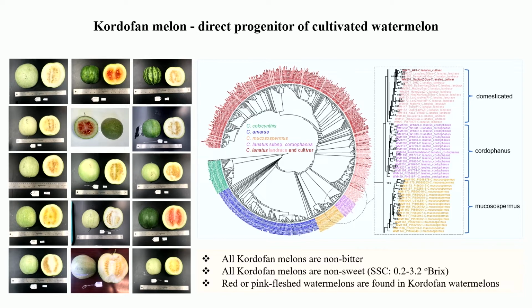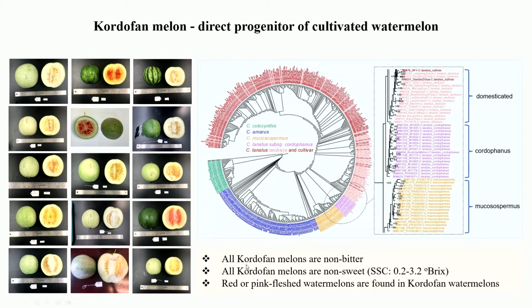You can see red or pink colored flesh in the Kordofan melon group. We did genome resequencing of all these 15 accessions, called SNPs, and generated a phylogenetic tree of the 447 watermelon accessions.